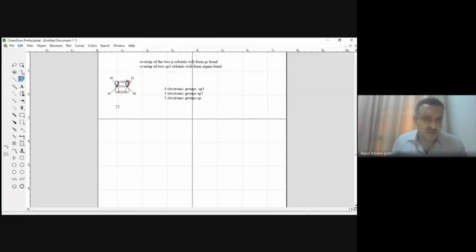So between the two carbons, this carbon and this carbon, sp3 with sp3.